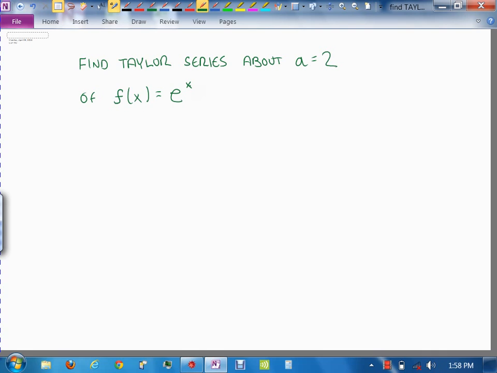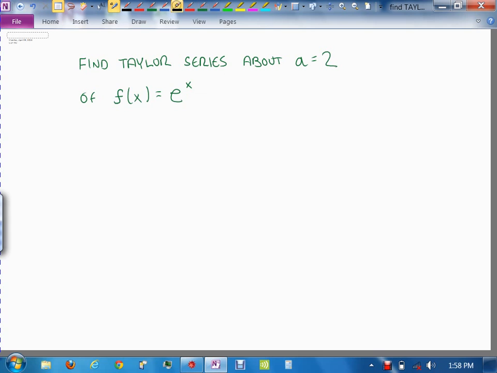So the main difference in this problem is that it's a Taylor series now. So a is not 0, a is whatever they give you. And in this problem I have to give you what it is, and it's 2. So we're going to use that top formula over there on the side instead of the Maclaurin. But the same thing still exists. We still need to take derivatives, okay?